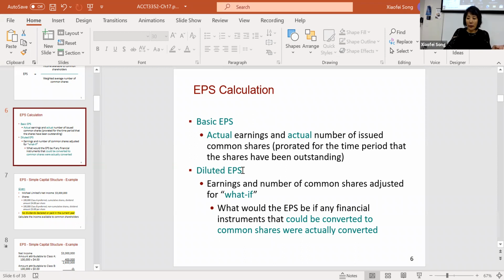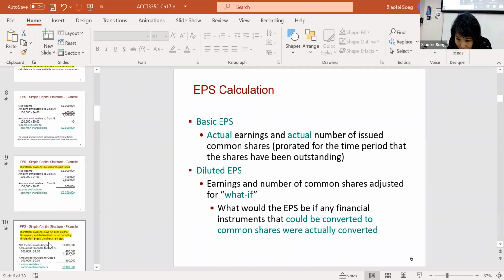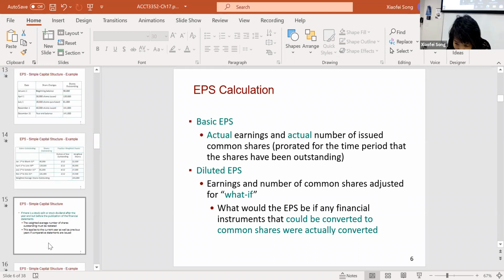The diluted earnings per share is based on earnings and the number of common shares adjusted for the what-if scenario, if these potentially dilutive securities are exercised or converted.